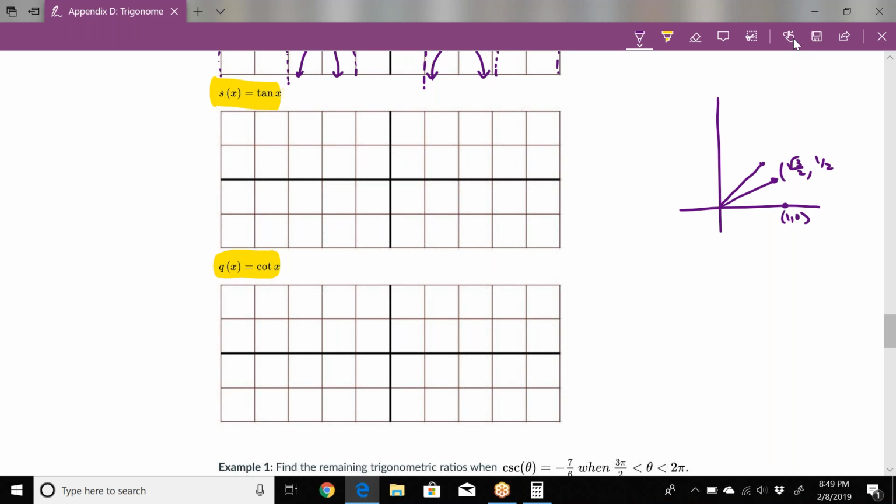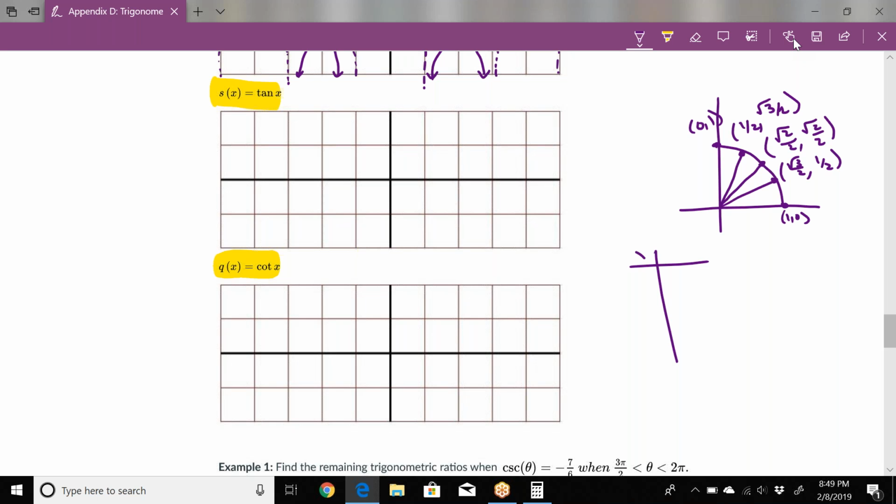At 45 degrees, we get square root of 2 over 2 and square root of 2 over 2. At 60 degrees, we get 1/2 and square root of 3 over 2. And then up here, we get 0, 1. Remember, that's just the first quadrant of the unit circle.